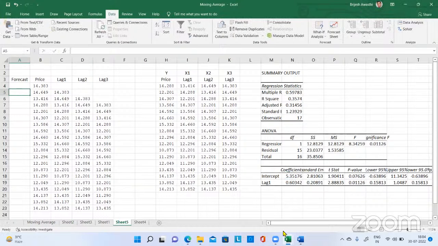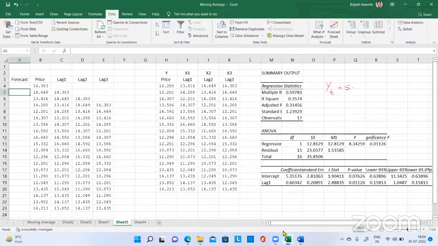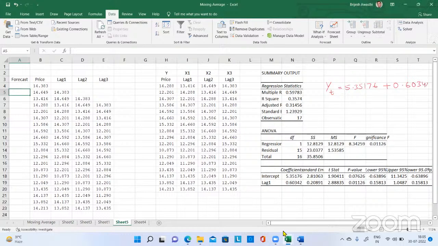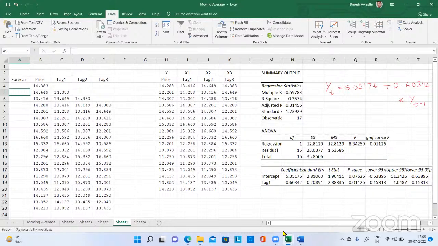We are going to develop a regression equation, that is, Y t equals 5.35176 plus 0.60342 multiplied by Y t minus 1, the previous value.